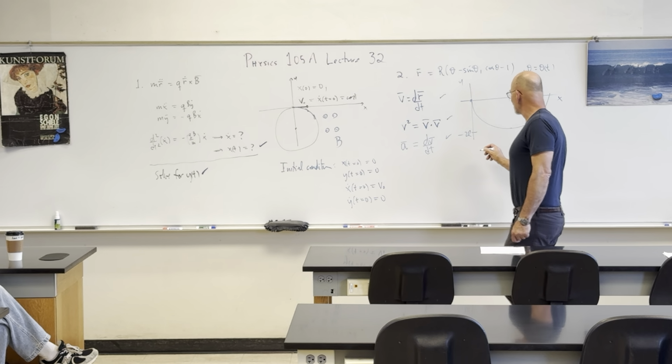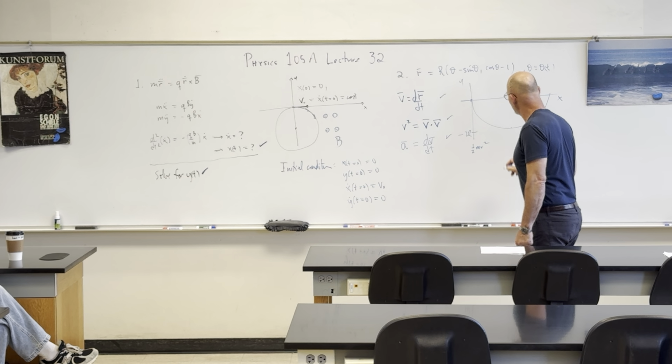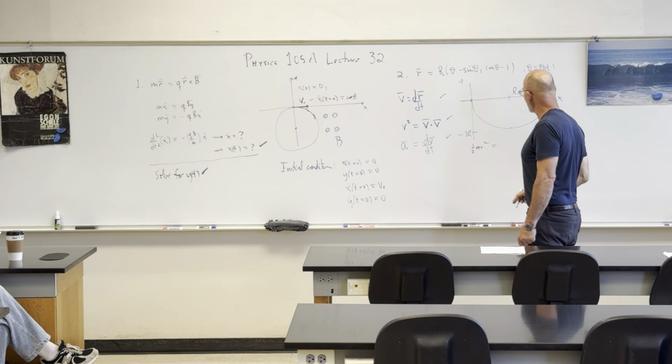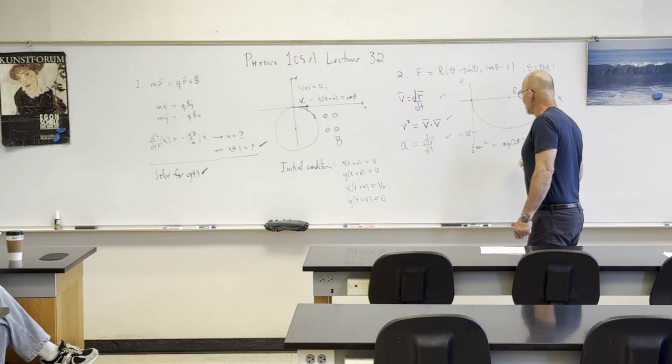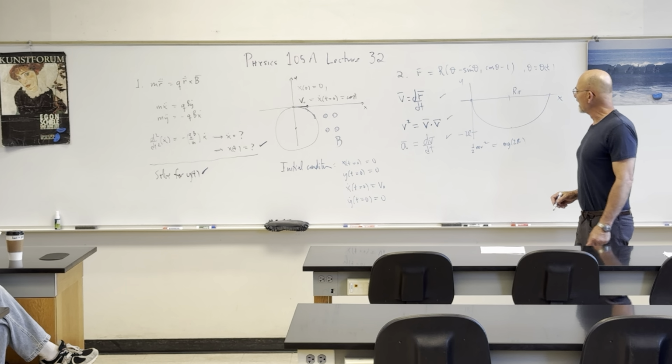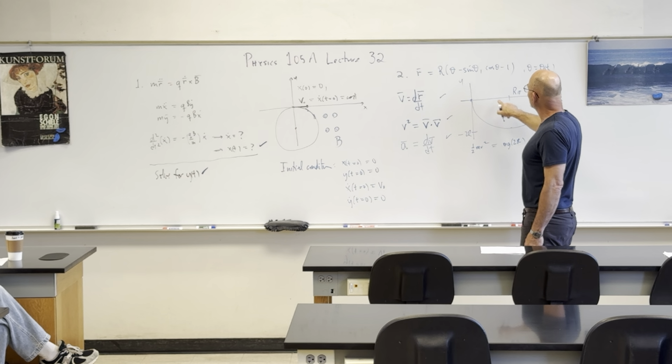So you're going to end up with 1/2 mv squared at the bottom will just be all the potential energy you have there, so it'll be mg times 2r. And so you can get the speed that way. But what you can then do is solve for how fast.